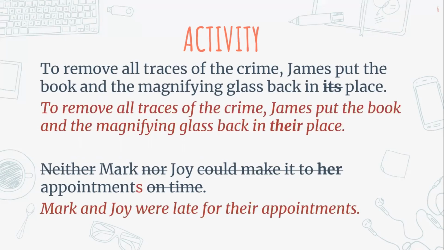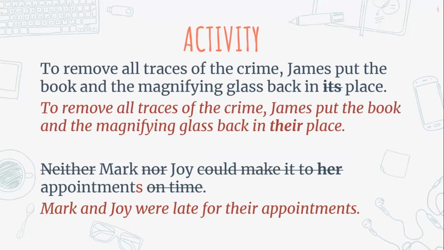Its would be incorrect. Why? Well, we're talking about both the book and the magnifying glass. So there, the plural would have to be used in this sense, right? So it would be, to remove all traces of the crime, James put the book and the magnifying glass back in their place. So here you have the plural.